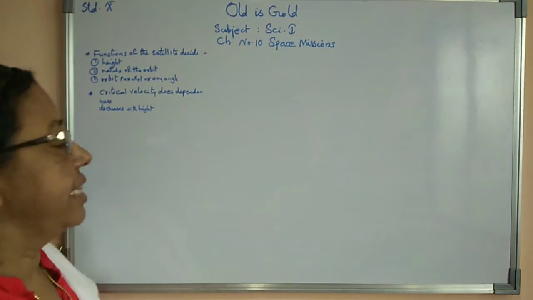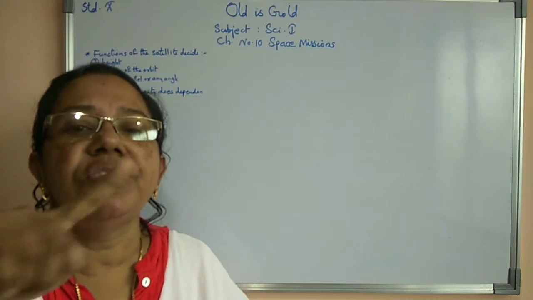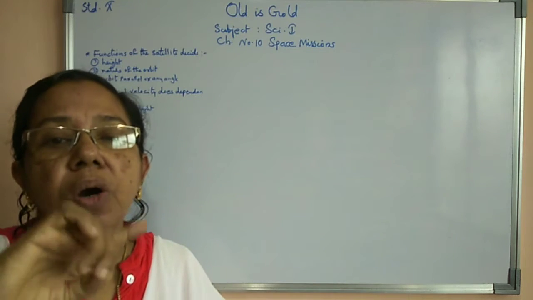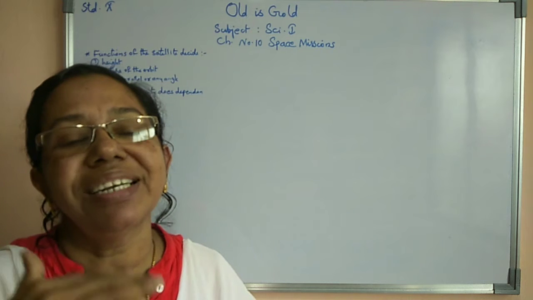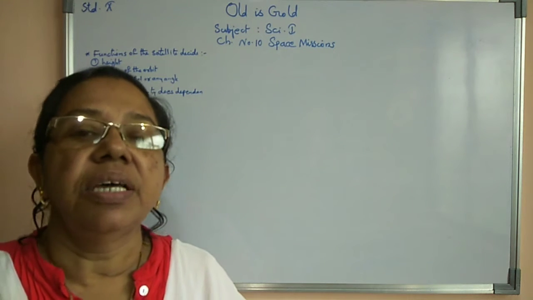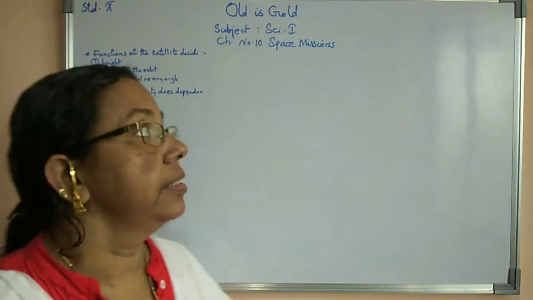Second, the nature of the orbit through which it revolves, which can be a circular orbit or an ovoid or elliptical orbit. Depending upon the type of orbit, the functions of the satellite will be different.